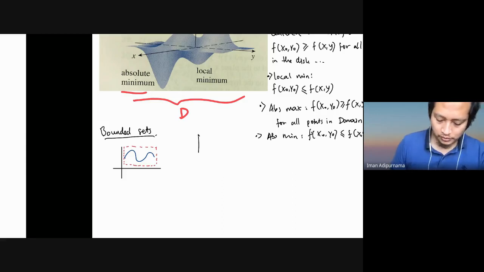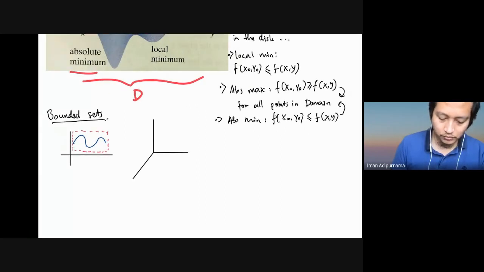In 3 dimensions, we can do a similar bounded set. What we are doing is making the box into a volume.